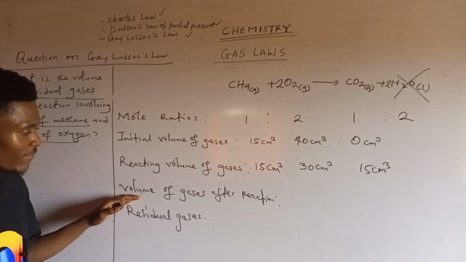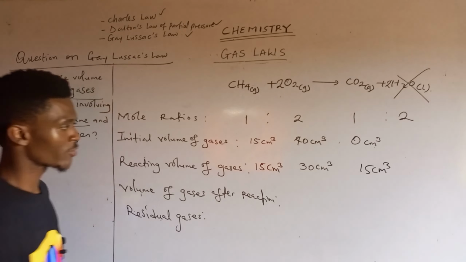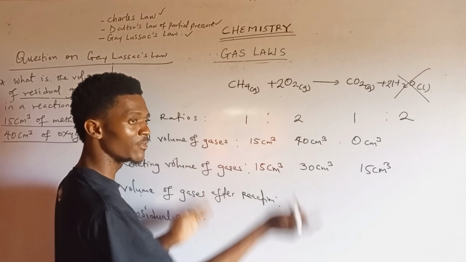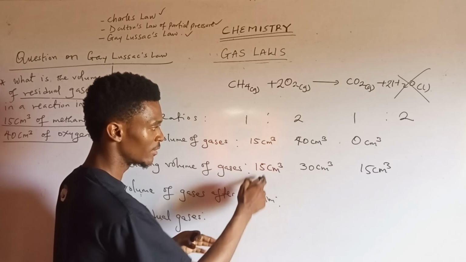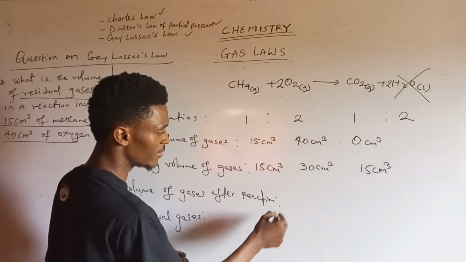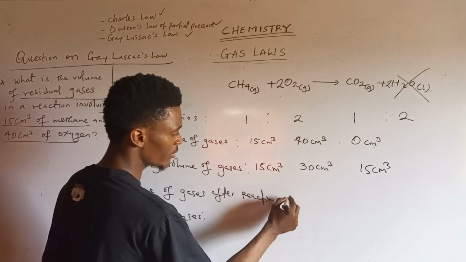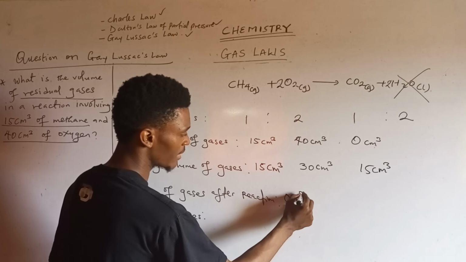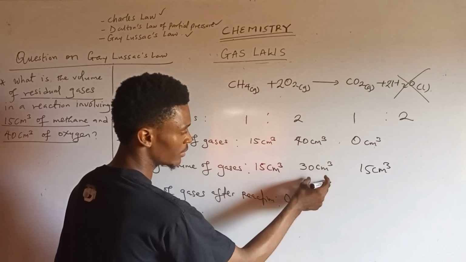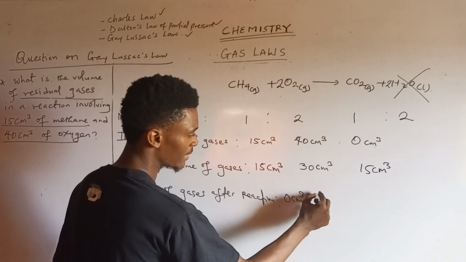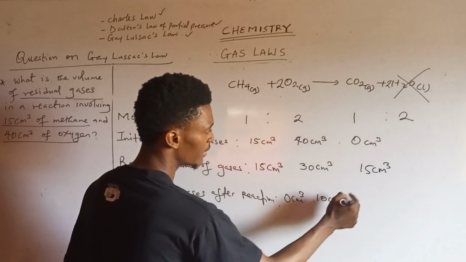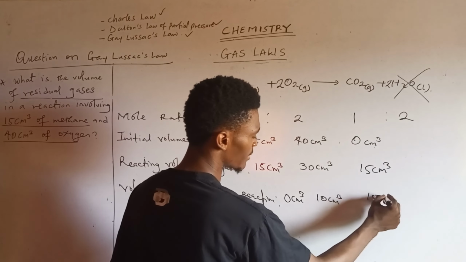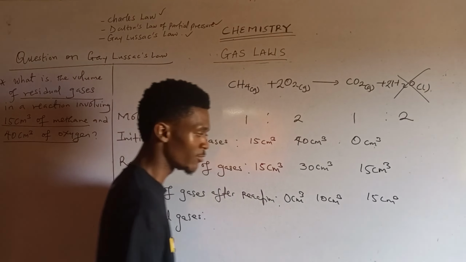Now, we'll look at the volume of gases after reaction. Of course, you know that the methane will be completely reacted and there will be nothing left of it. So after the reaction there will be 0 cm³. Then what will be left of the oxygen will be 10 cm³. And of course, the CO2 is still left with its 15 cm³ that was produced.